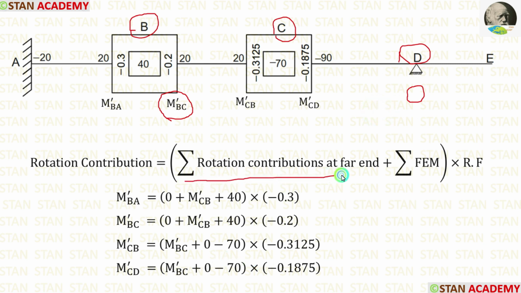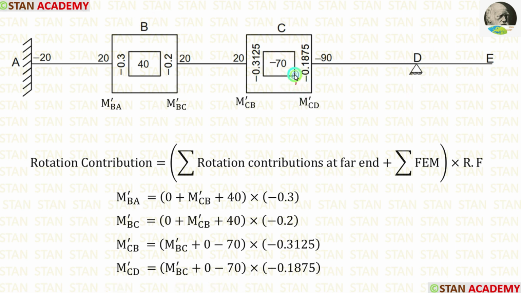So, for the summation of rotation contributions at the far end, we are having M-BC plus 0. The summation of fixed end moment is minus 70. The rotation factor for CD is minus 0.1875. In this way, we can calculate M-CD. You can see that for M-CB and M-CD, all the values are same except the rotation factor.